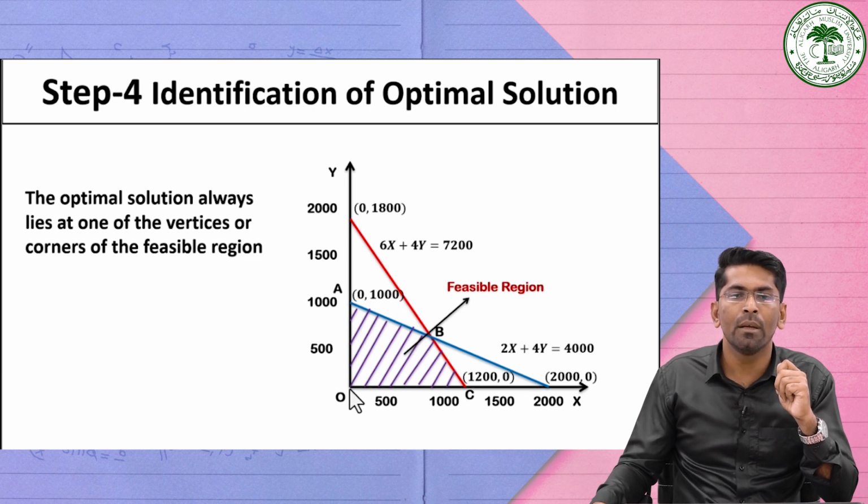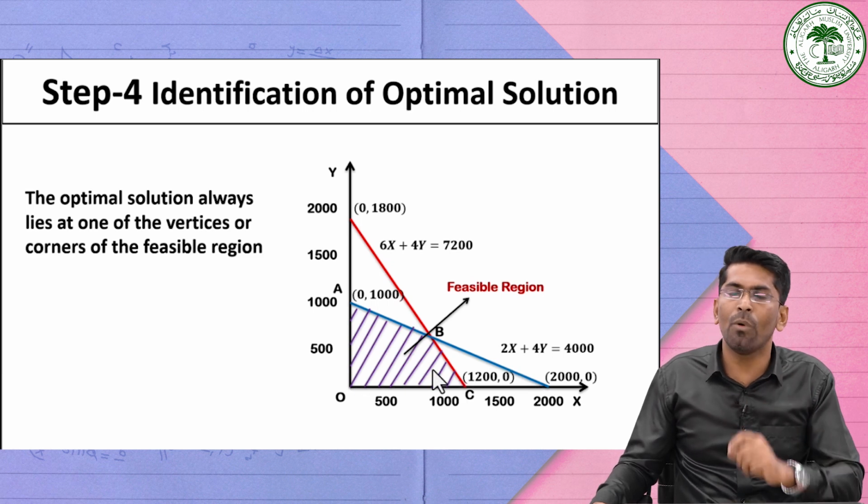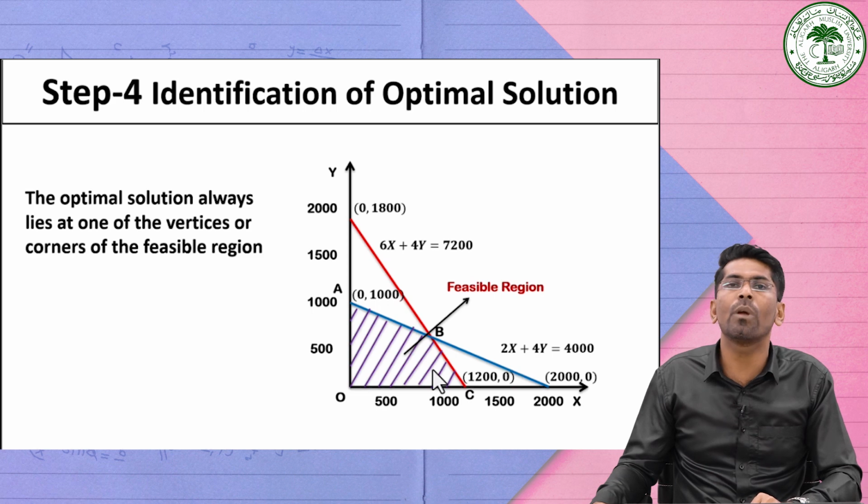So it is the origin point, or it may be A, or it may be B, or it may be C. So the optimal solution always lies at one of the vertices or corners of the feasible region. So of course we have 4 vertices here, or four corner points, that is the origin O, A, B and C.